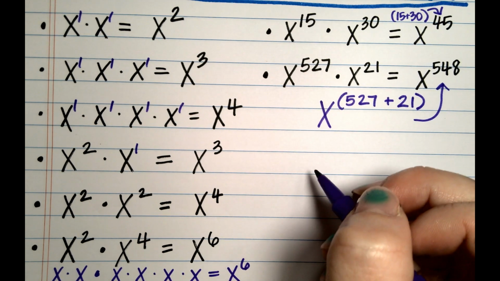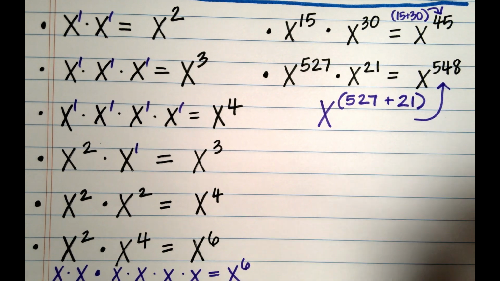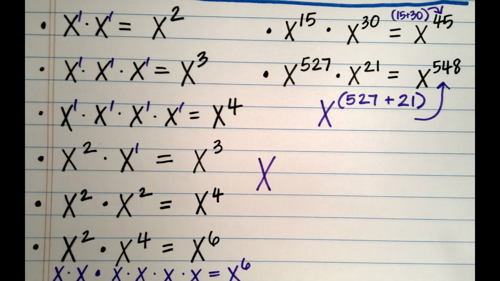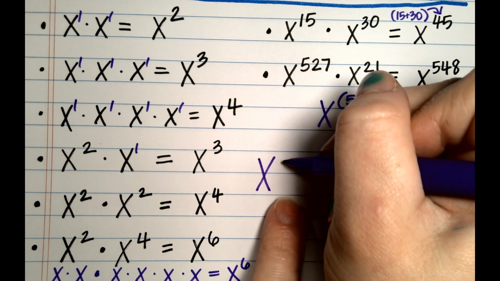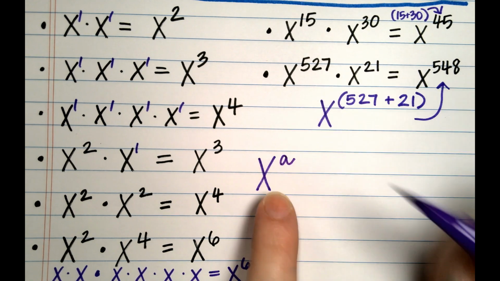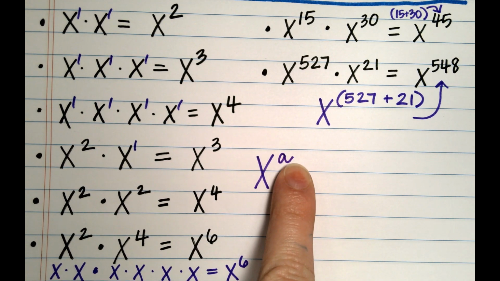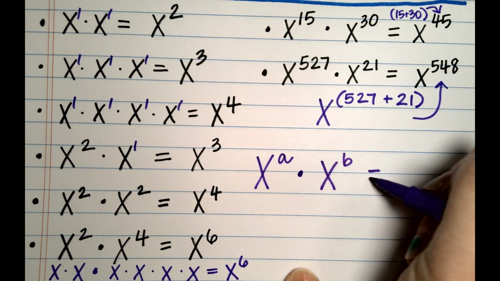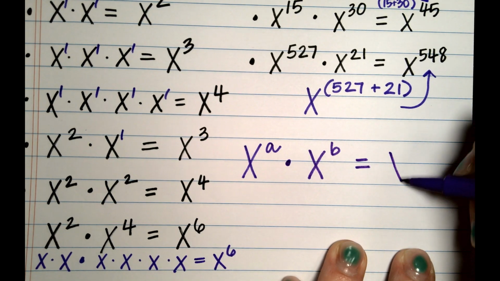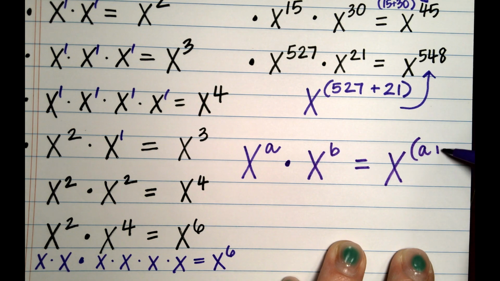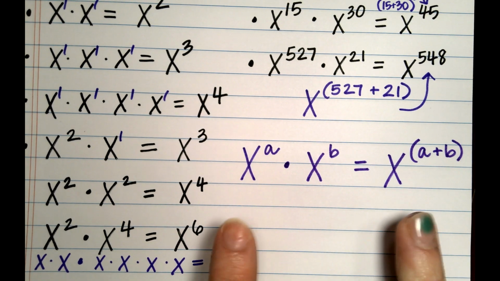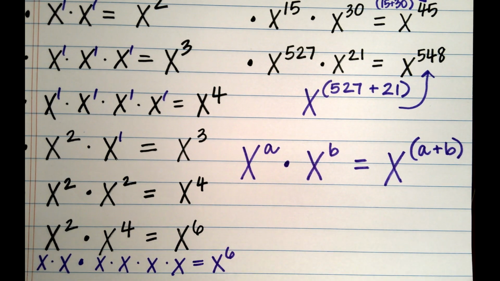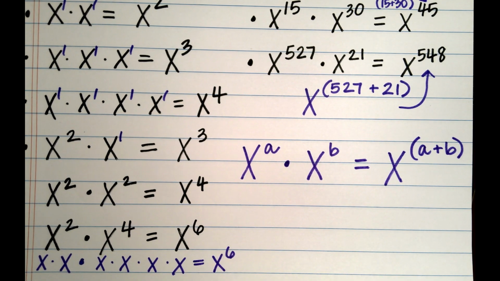So if you wanted a formula for this, there is technically a formula. If this confuses you more than it helps you, don't worry about writing it. Some people love it, some people despise it. The example we're given is x to the a power times x to the b power equals x to the a plus b. This is your formula for multiplying exponents. So to multiply, we add.